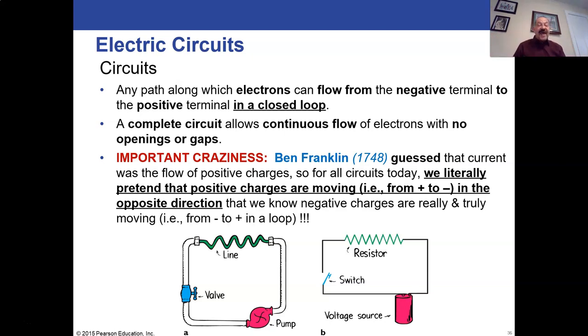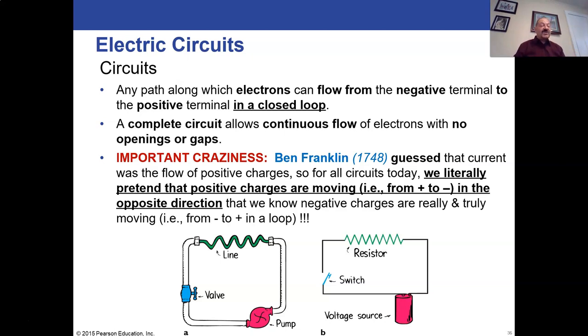So to this day, we make believe that it's the positive charges that are going around in the circuit, but the reality is the electrons are going around in the opposite direction. We always make believe it's positive charges going around in the direction opposite to what we know is really happening.